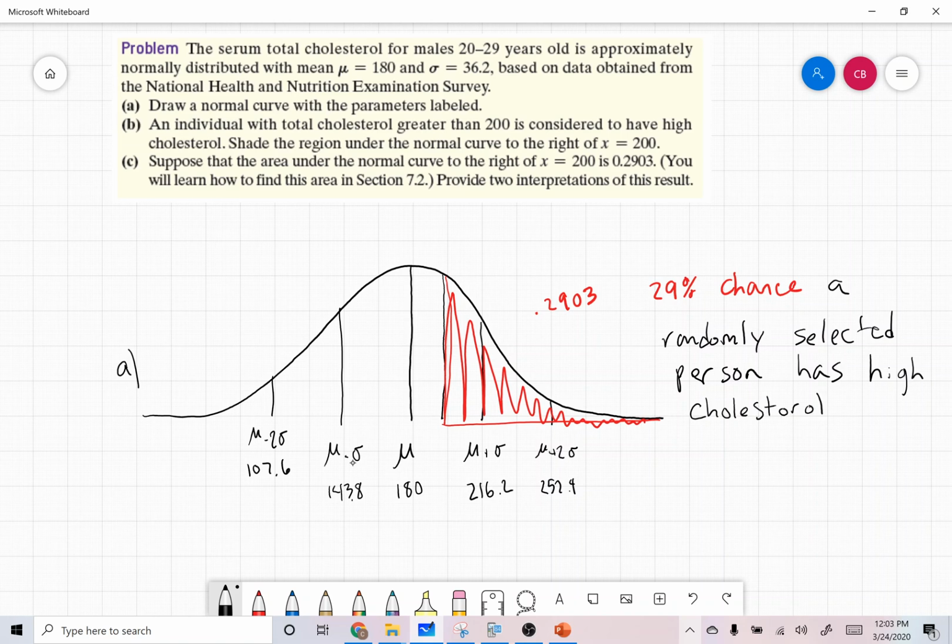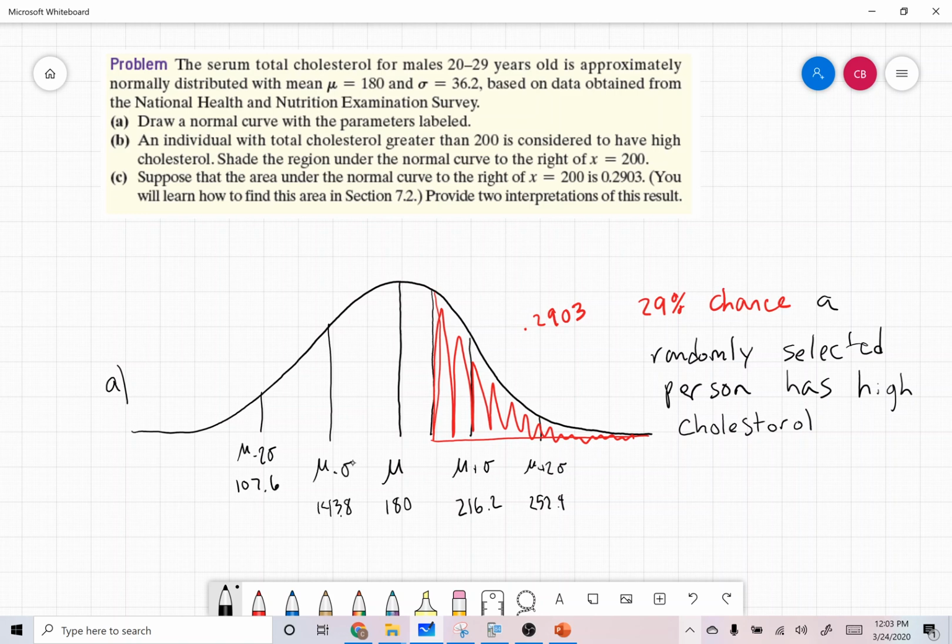So obviously, if you randomly pick any person, the majority of people are going to be normally distributed around here. And so if you get picked when you have a 207 cholesterol rating, then you will be in that 29% chance of people who are considered to have high cholesterol.